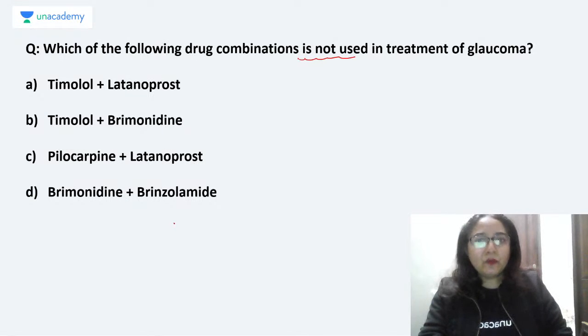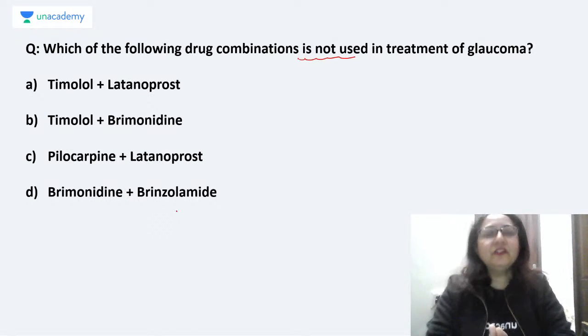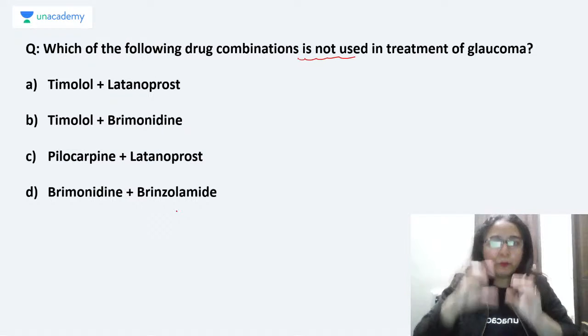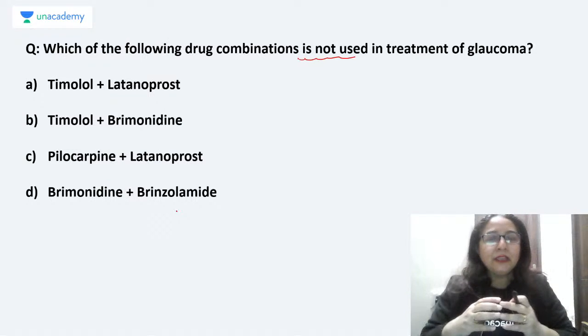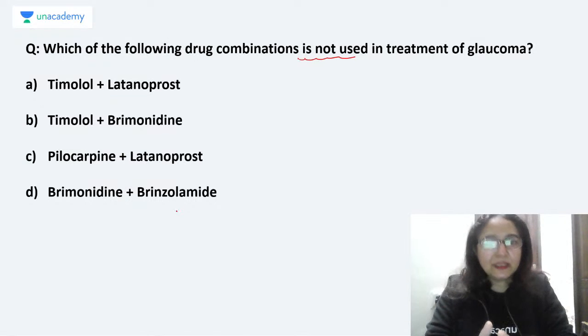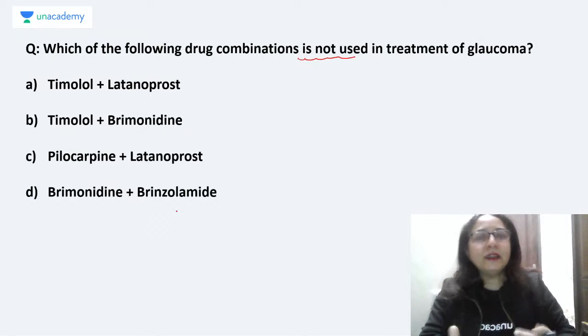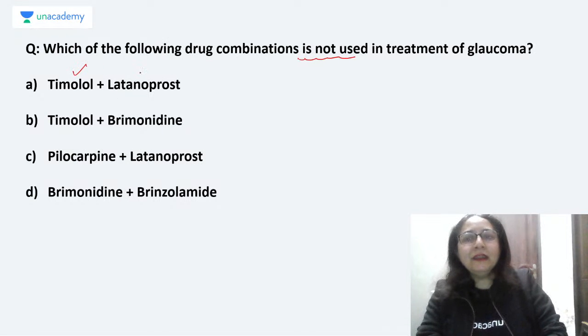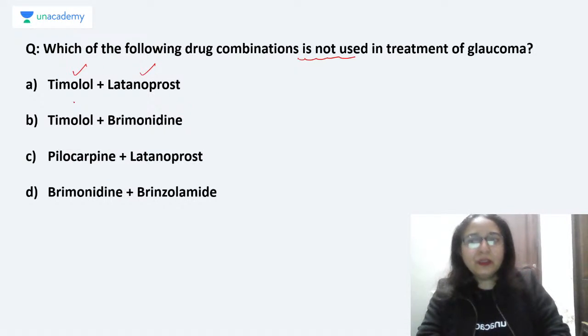Okay, so when we are using drug combinations for glaucoma, what we are looking for is that both the drugs should complement each other. They should enhance each other's efficacy, and their side effect profile should be such that it does not increase the side effects. Okay, so if you see here in choice A, timolol and latanoprost make a good combination. Timolol is an aqueous suppressant, latanoprost increases the uveoscleral outflow.